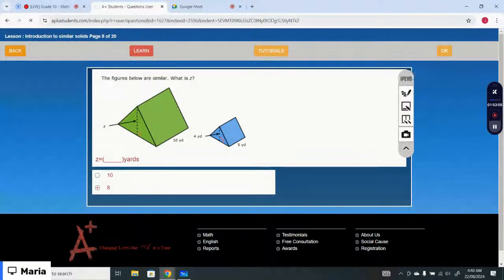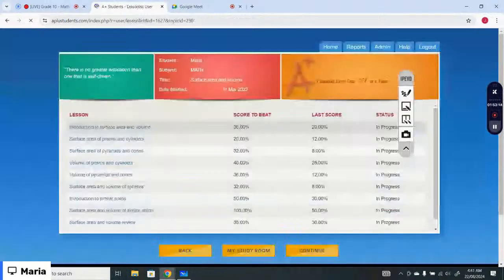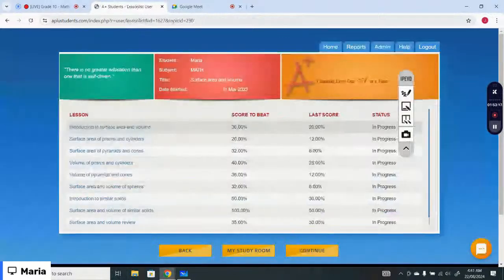Okay, you can complete the lesson by yourself later today. So, we were working on grade 10 math.